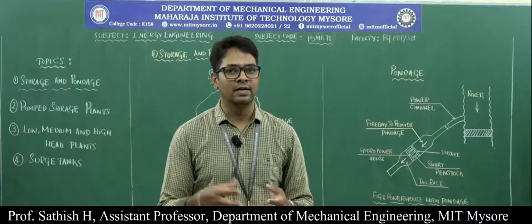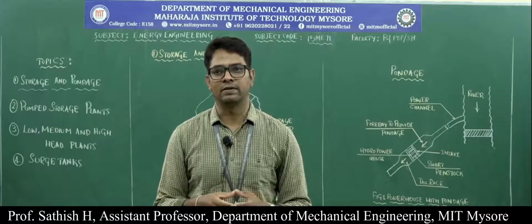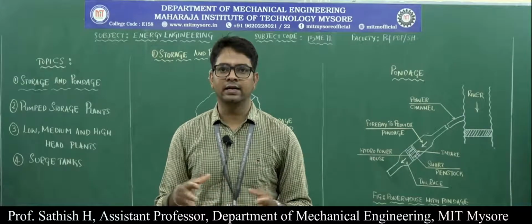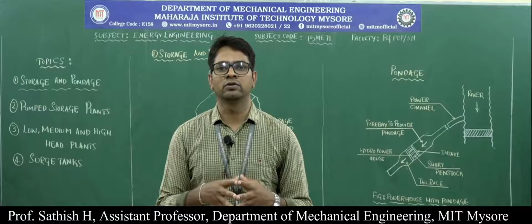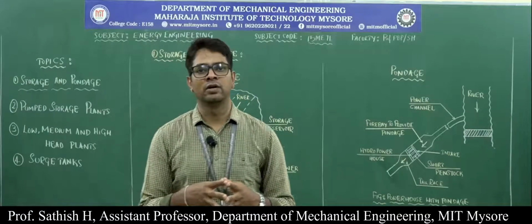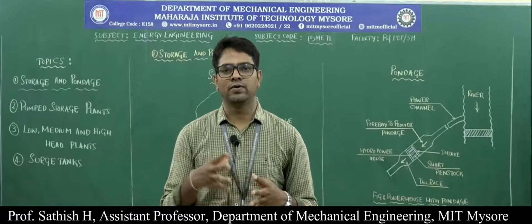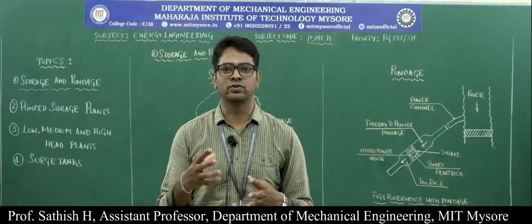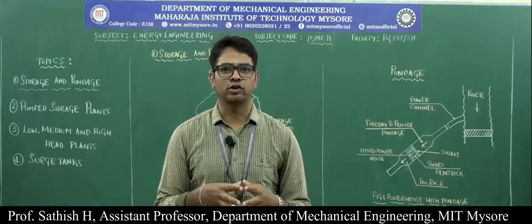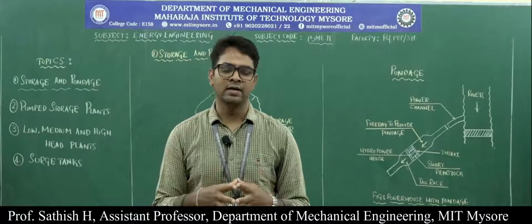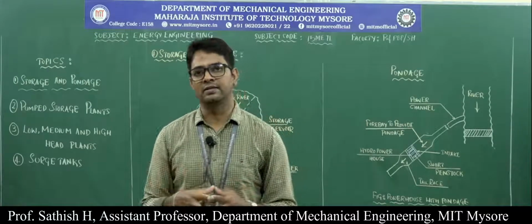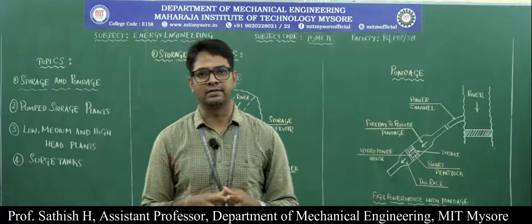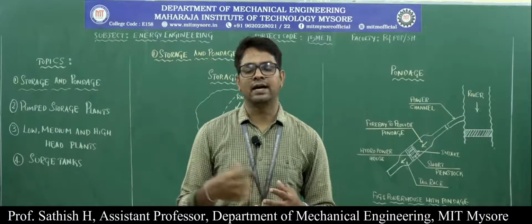So you have to plan so that water is available to produce electricity throughout the year, irrespective of whether it is a winter, rainy, or summer season. That is the idea behind it.